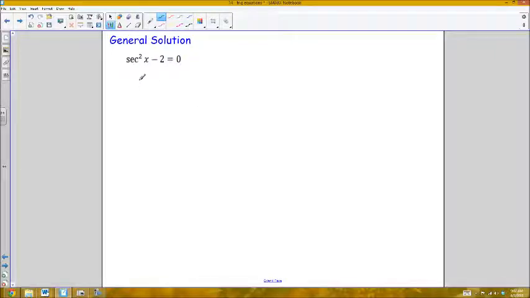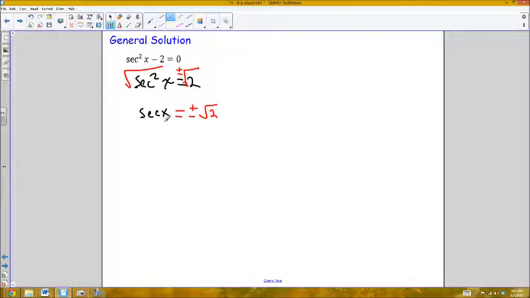So then if I do this, I get secant squared of x equals 2, which tells me that secant of x, when I take square roots of both sides, and whenever I take square roots, I need a plus or a minus to account for those two solutions. This will be plus or minus the square root of 2.